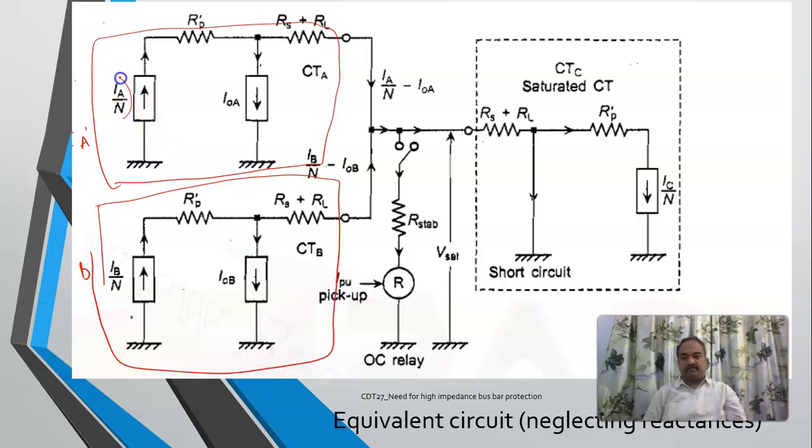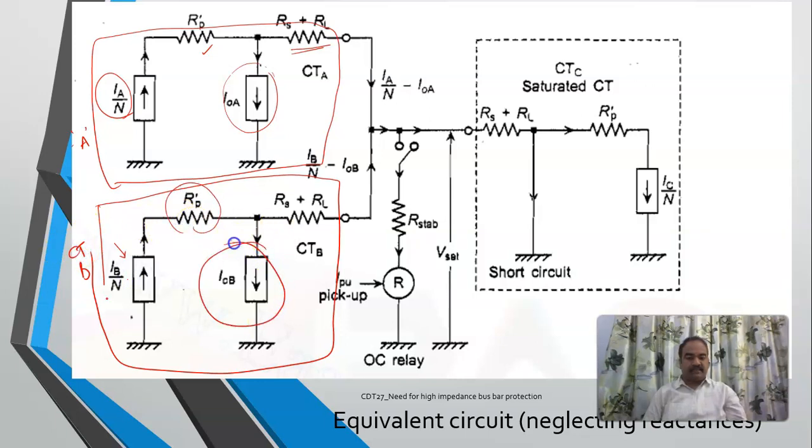This is your primary current referred to the secondary. This is RP dash, which I have already shown you. This is the magnetizing circuit, which I am representing in the last one. This is I0A, and this is your secondary resistance and load resistance. And here also, this is the primary current referred to the secondary for the CTB, and this is the primary resistance.